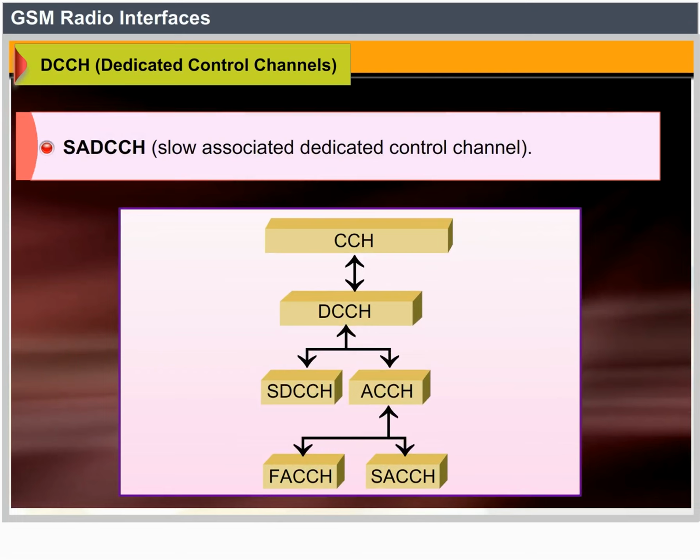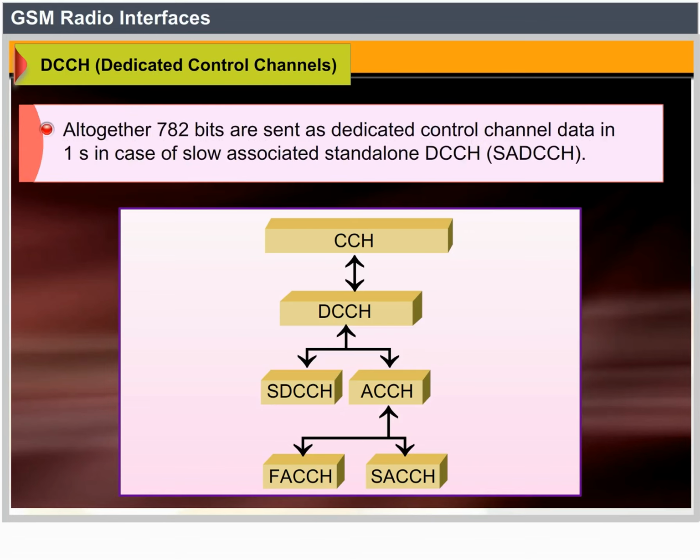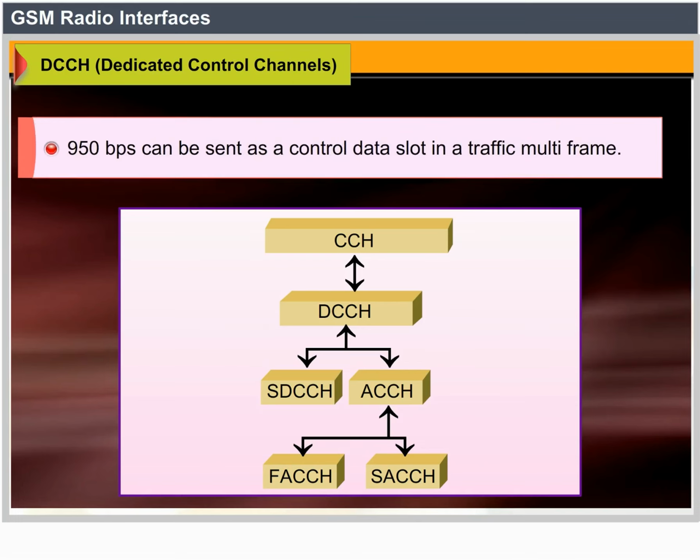SACCH, slow associated control channel, is used for registration, authentication and other requirements. A total of 782 bits are sent as dedicated control channel data in 1 s in case of slow associated control channel. 950 bps can be sent as a control data slot in a traffic multi-frame.